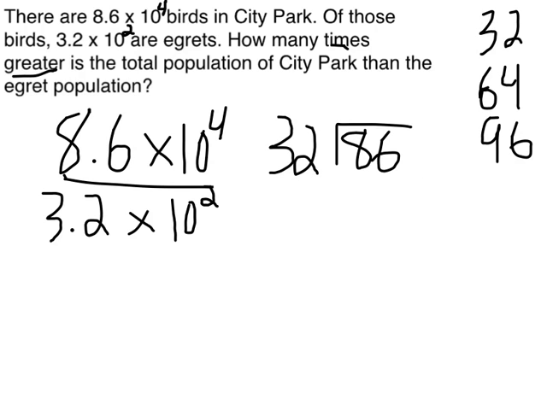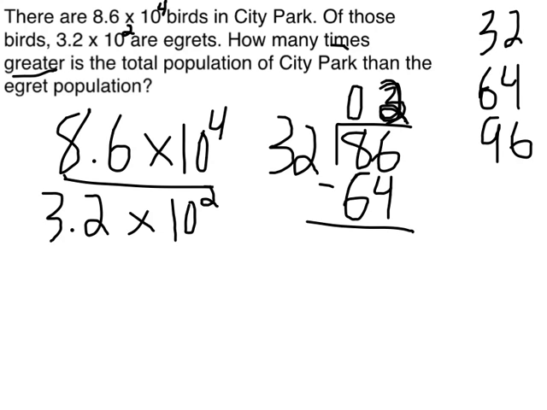All right, let's divide this out. 32 does not go into 8, so I'm going to put a 0. It does go into 86 two times. 2 times 32 is 64.